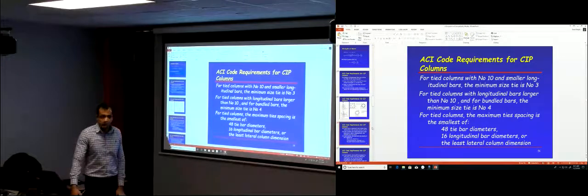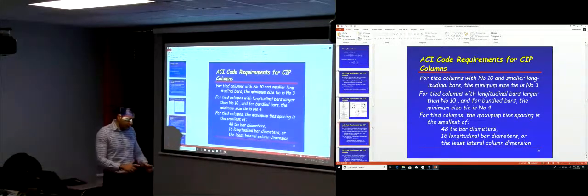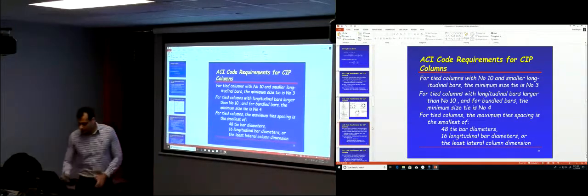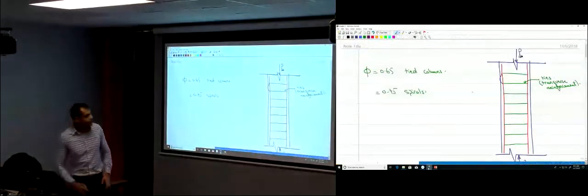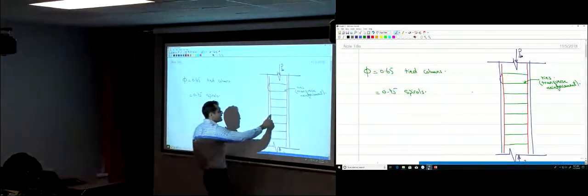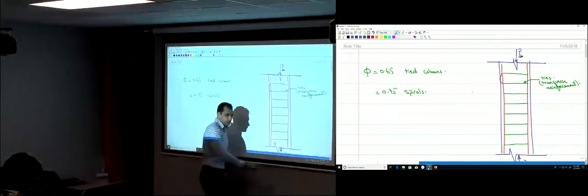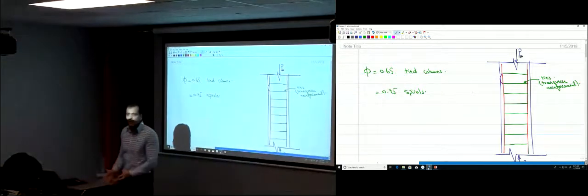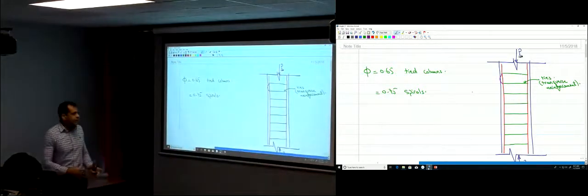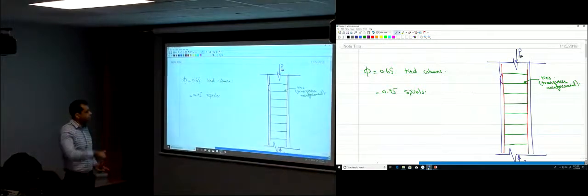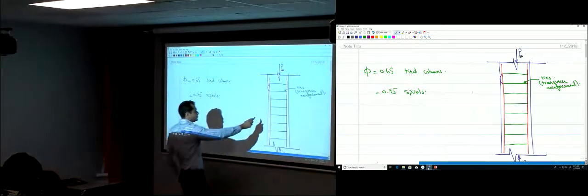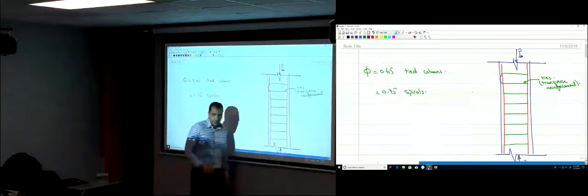Any question? So now, actually, we dealt with the design of the transverse steel. So what we learned so far is how to design this transverse steel, whether it's a tie or a spiral, okay? Now, what about the design for the longitudinal bars, how to design for this, okay?